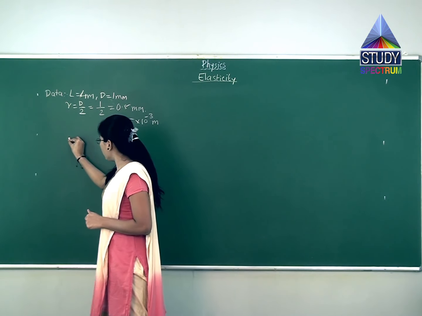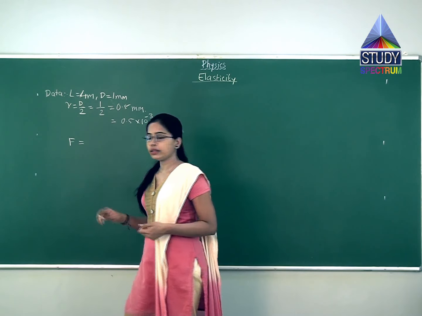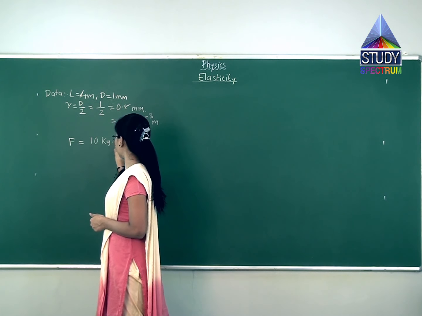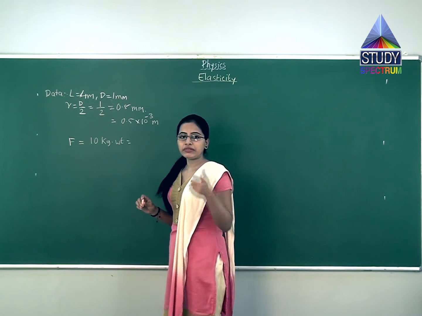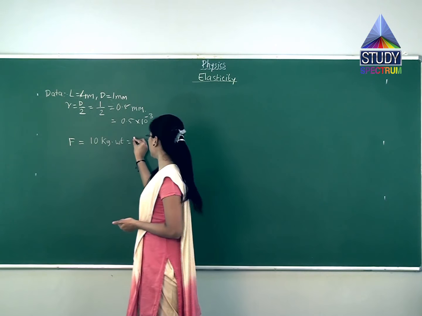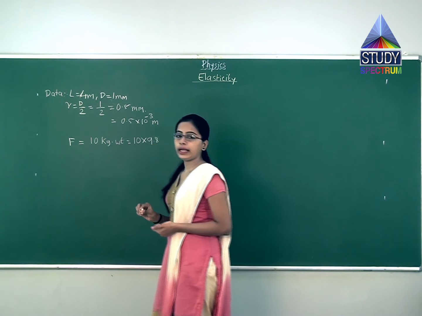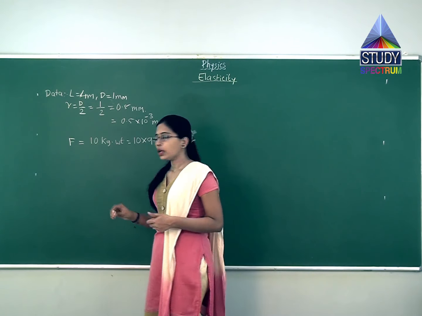Now the load applied is given in the form of weight, it is 10 kg weight. So to convert it into Newton we have to multiply it by g, acceleration due to gravity, so 10 into 9.8 Newton is the applied load here.